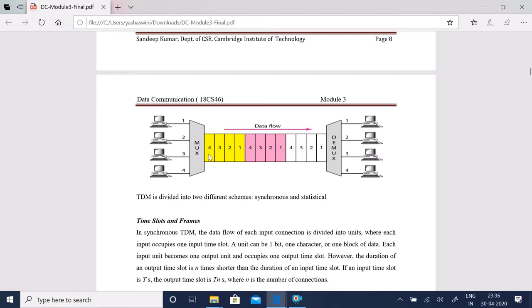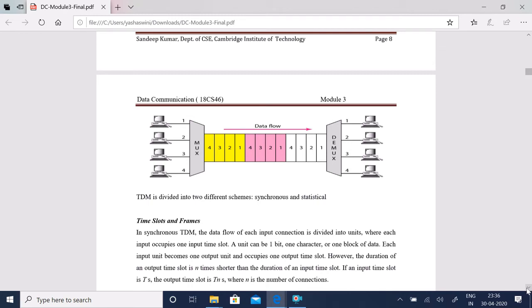Within this time slot only 4 can transmit, then 3, 2, 1. Similarly, the bandwidth is divided with respect to the time slot. At the demultiplexer, all the signals are split again into their original signals.